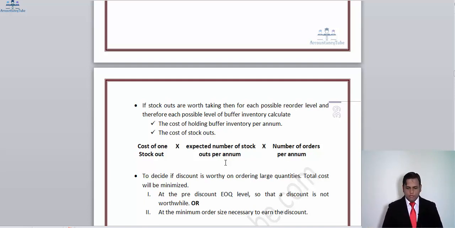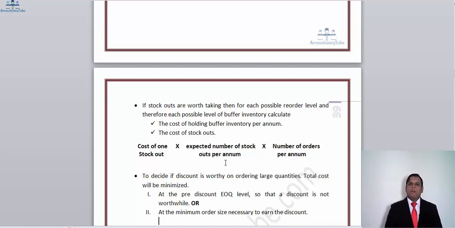On the contrary, there is a thing called discount. To decide if a discount is worthwhile on ordering large quantities, total cost will be minimized at the pre-discount EOQ level, unless the discount is worthwhile and the minimum order size is necessary to earn the discount.